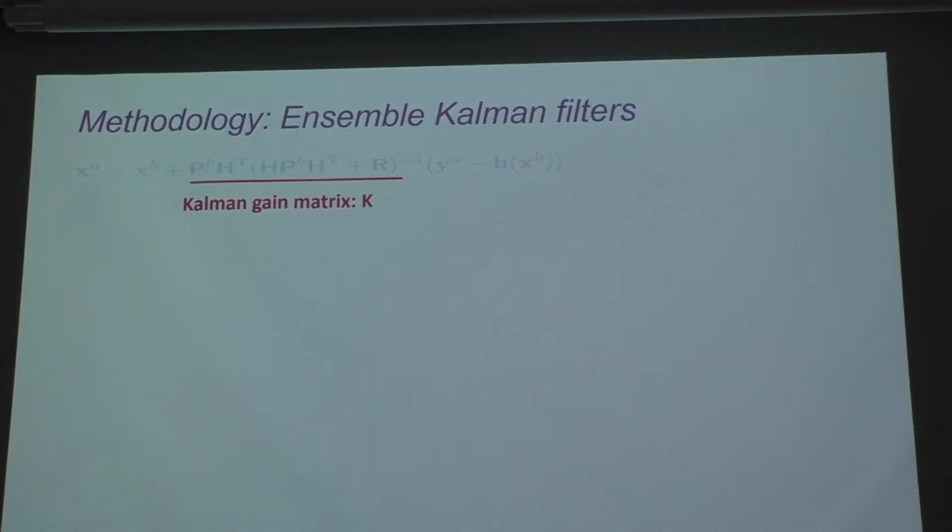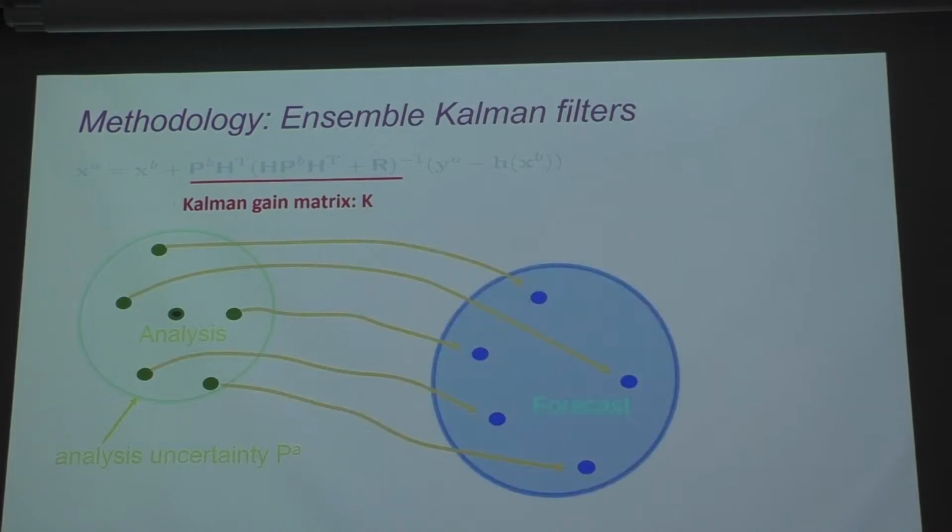The data assimilation system I use is the ensemble Kalman filter. I'm not going to talk about the details of this. Just quickly, assume that your analysis also retains some uncertainties. By using data assimilation, you can have information coming from the forecast, and you also combine the information from the instruments.